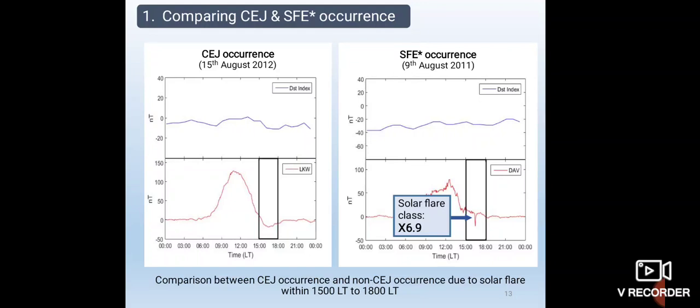We have confirmed this solar flare event with X-ray flux data provided by GOES 15 satellite. However, we didn't show it here. From this comparison, it is clear that negative decrement of EUL is not necessarily caused by CEJ, as it also can be caused by the solar activity, which is the SFE star. That is why implementing the right time duration in EUL decrement for CEJ extraction is very important.